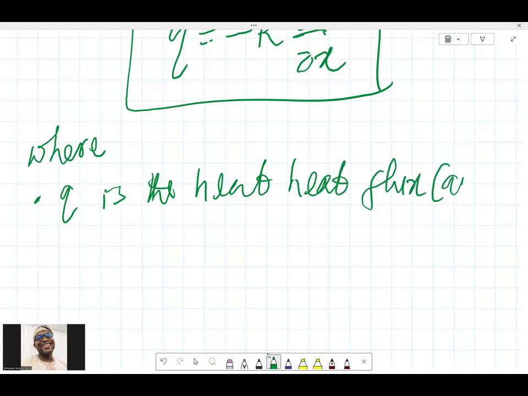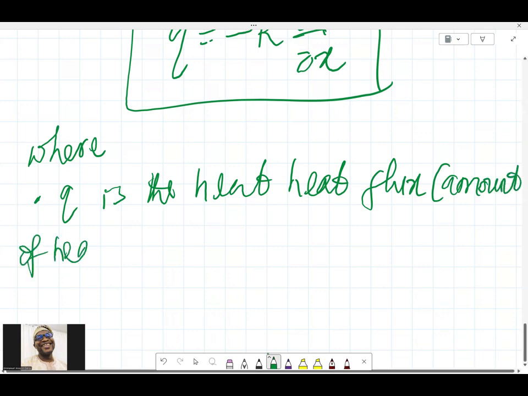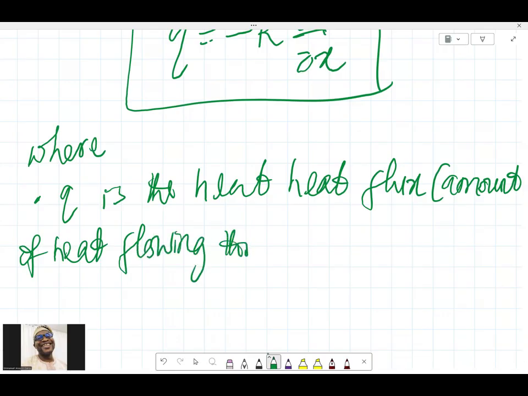Heat flux is the amount of heat flowing through a unit area.